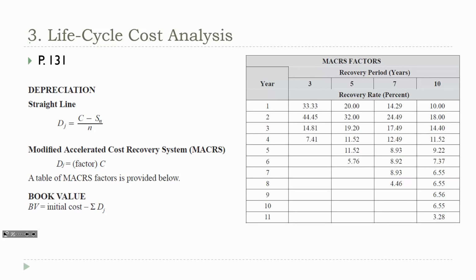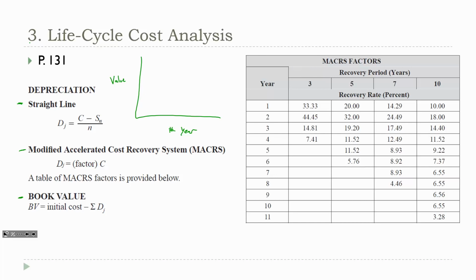This is something that you should have gone over in 221. We have 3 types of depreciation: straight line depreciation, which uses the number of years and the value of the item. If it's a computer, a car, a piece of machinery, those are going to depreciate over time, and this is just from a tax standpoint.